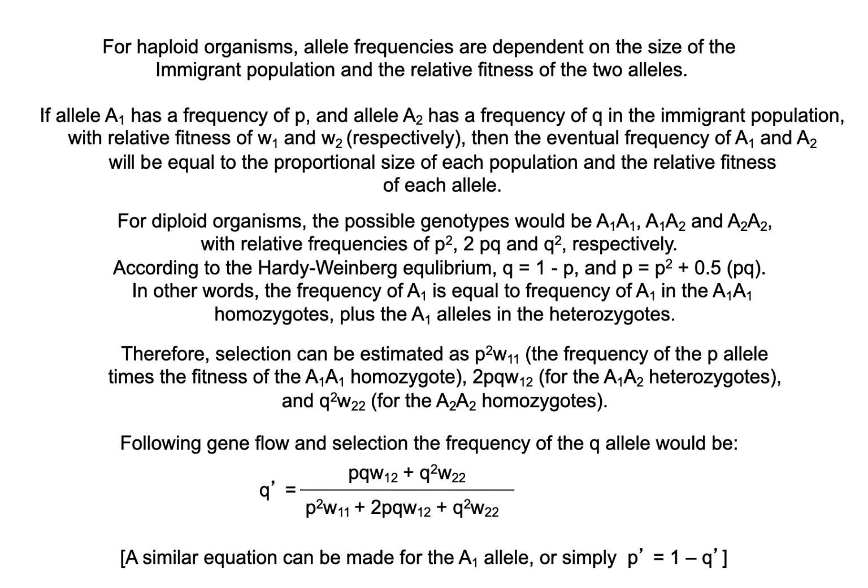If you include the fitness in the equation, then you have to include the fitness of the homozygote for the A1 allele, the fitness for the A1 in the heterozygote, and the converse for the A2 allele, having the W22 and W12 frequencies.